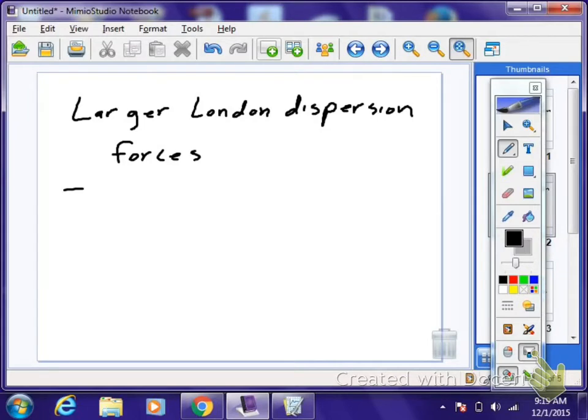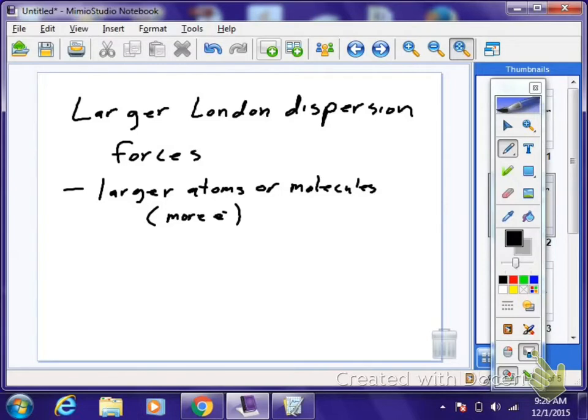Large atoms or molecules have larger London dispersion force. So if you have larger atoms or molecules, you have larger dispersion forces. Why? More electrons. If you've got more electrons lining up on one side versus the other, then you have greater attraction between those molecules.